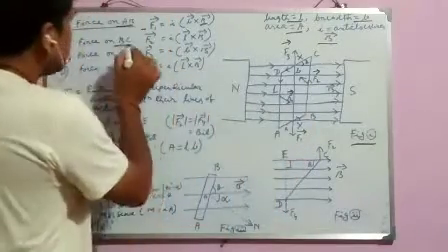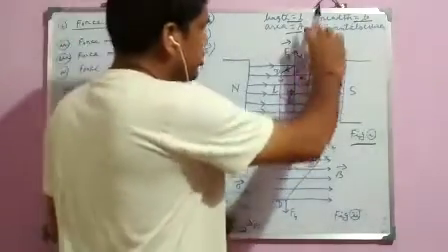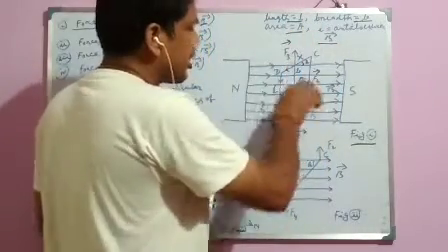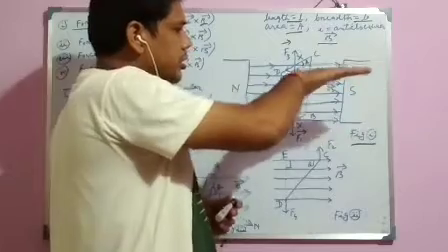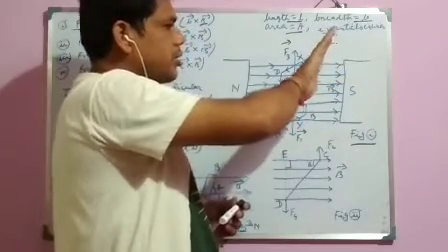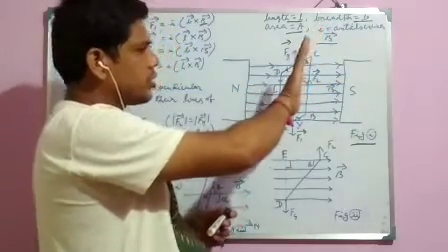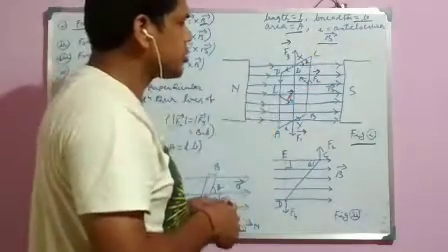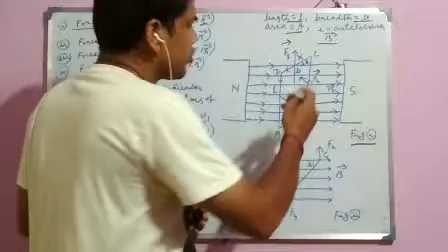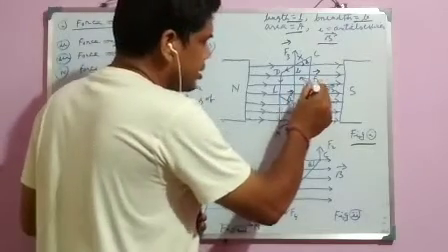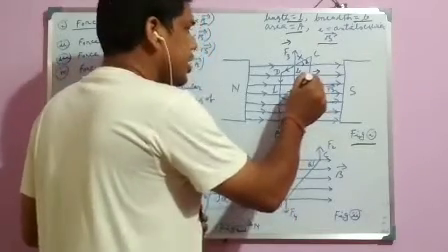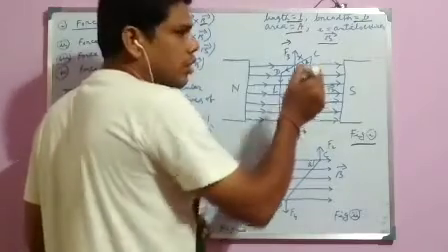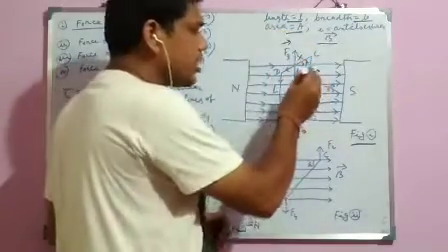Similarly, the force on conductor BC: the direction of the current is along this direction and the magnetic field is along this direction. If we apply the right hand thumb rule, the thumb gives the direction of the force experienced by conductor BC. In figure 1 it is denoted by F2, and it is into the plane of the board, or in your copy, into the plane of the paper.